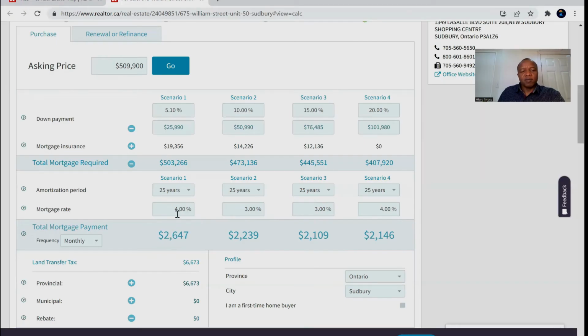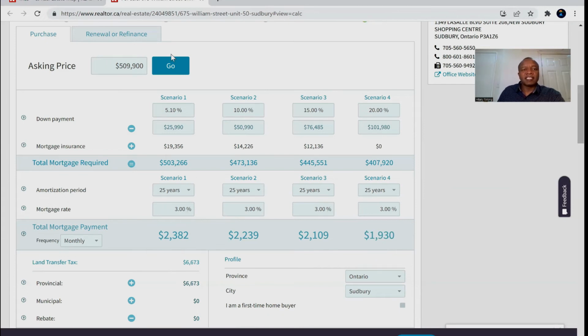The mortgage would be $2,647 if the interest is 4%, but if it is 3%, it is $2,382. If you put 20% down at 4%, the mortgage would be $2,146, but with 3%, your mortgage would be $1,930.